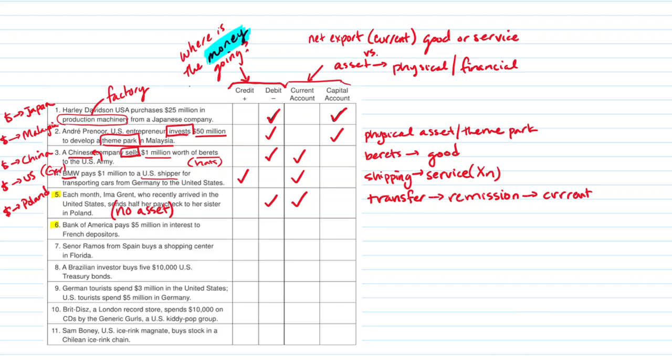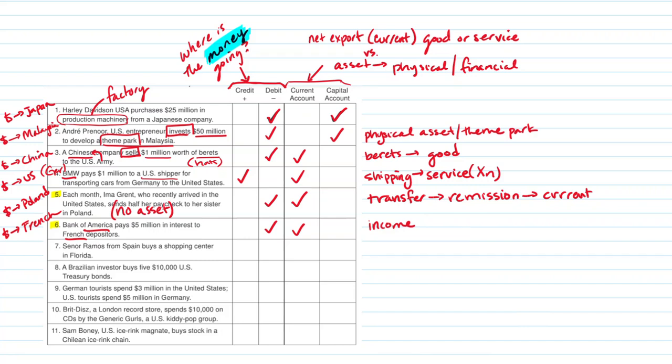Number 6 is the really, really tricky one. Bank of America pays $5 million in interest to French depositors. Now, first of all, the first half of this is pretty easy. Money is going from an American bank to French depositors, so we'll put that as a debit. But this also belongs on the current account because this is a form of income.